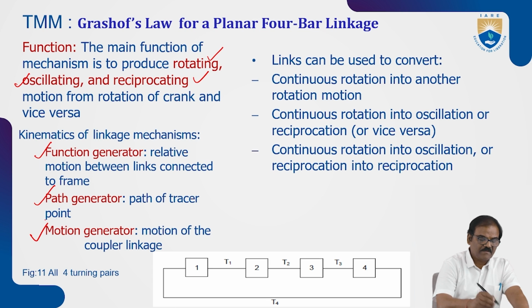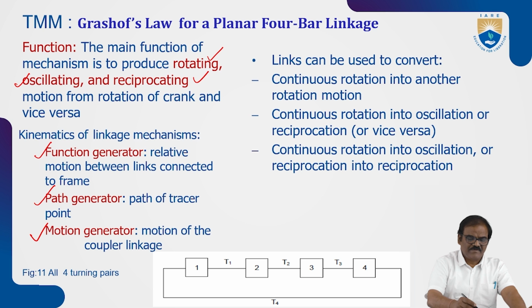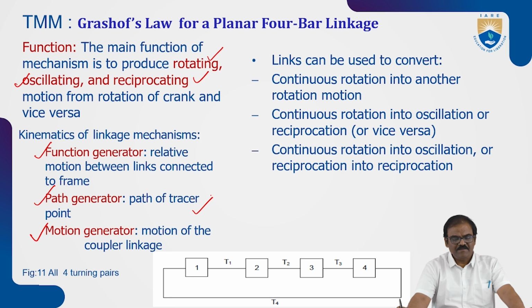The function generation is relative motion between links connected to the frame. We can call this the function generator. Then path generator, path of a tracer point. If we have a tracer point, then we can call it the path of a tracer point. Motion generator, motion of the coupler links.